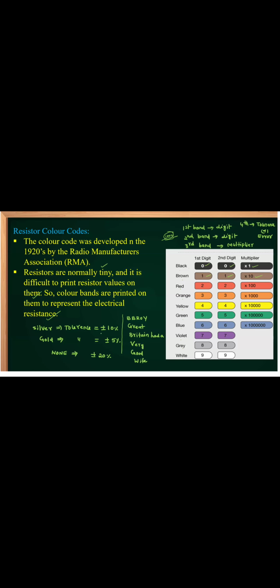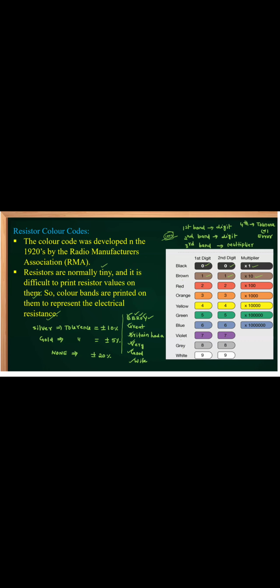This is the sequence: black, brown, red, orange, yellow, green, blue, violet, gray, white. B.B. Roy, Great Britain had a very good wife. You have to remember the sequence.